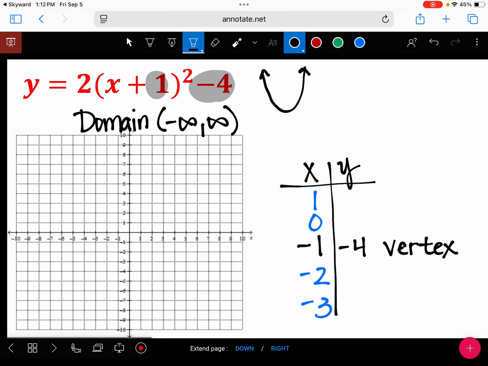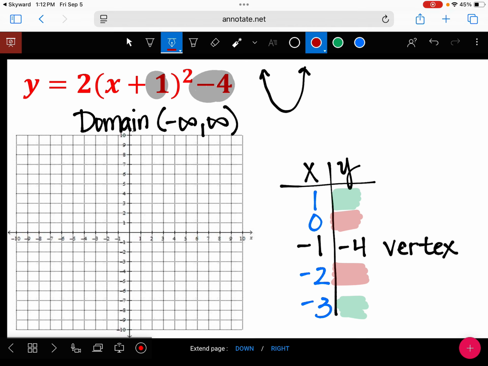The good thing about this, though, is that it's symmetrical. So whatever I get for 1, I should get the same thing for negative 3. And whatever you get for 0, you should get the same thing for negative 2. So take a moment and let's figure out what we get for our other values.